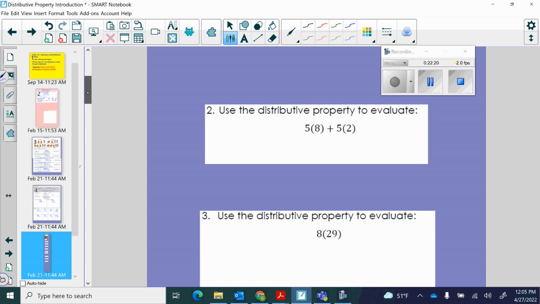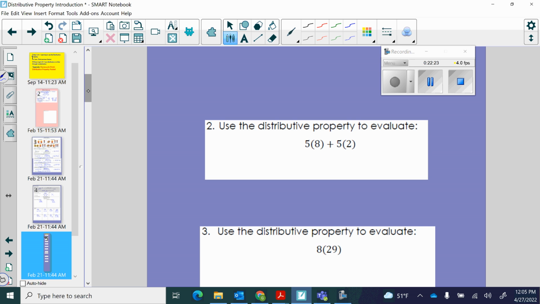All right, this one, we want you to use the distributive property to solve. Find the answer. Ayana, what'd you get? 50.